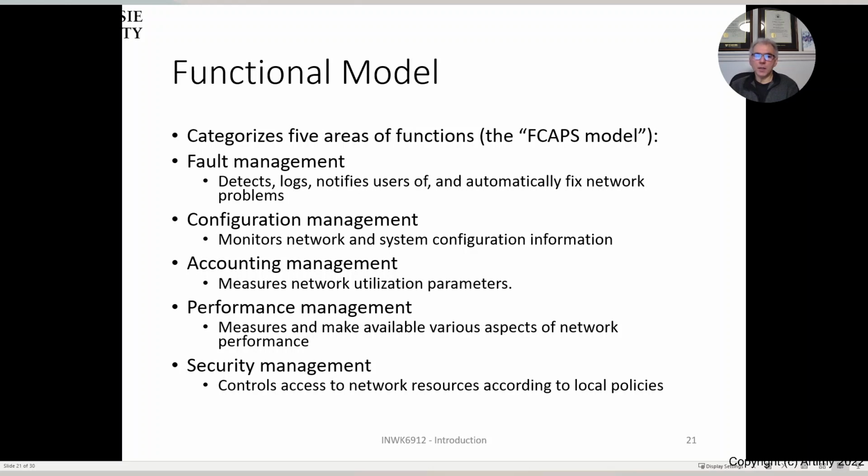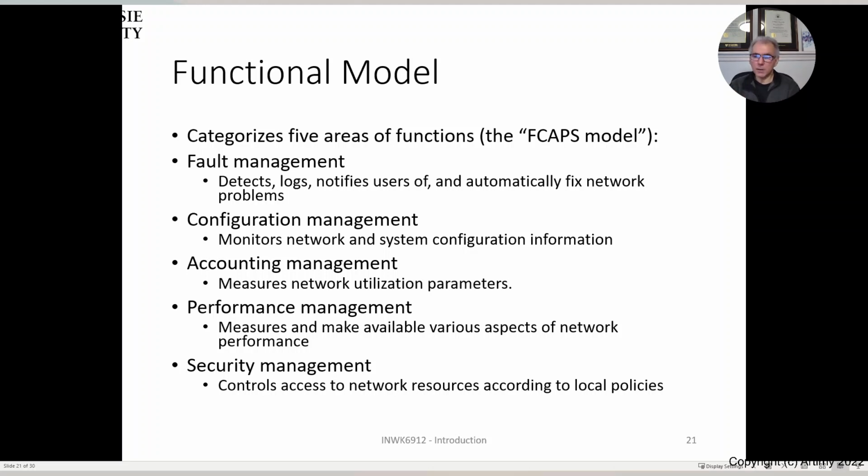So the functional model says that the areas of management can be divided into 5 different functional areas. And these are very, very important. And this is one of the things that we get from the OSI model, this division of functional models.